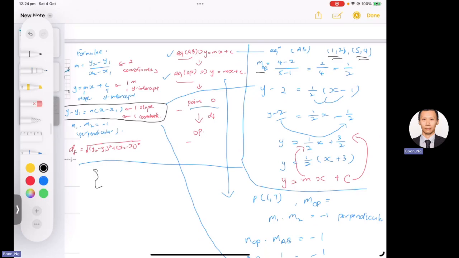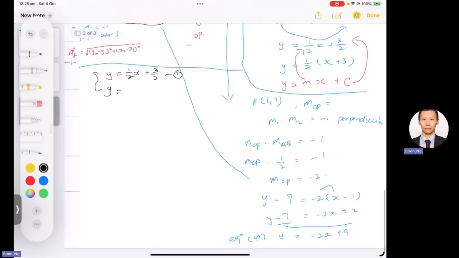Equation 1 is y equals half x plus 3 over 2, the first equation. The second equation is y equals -2x plus 9.